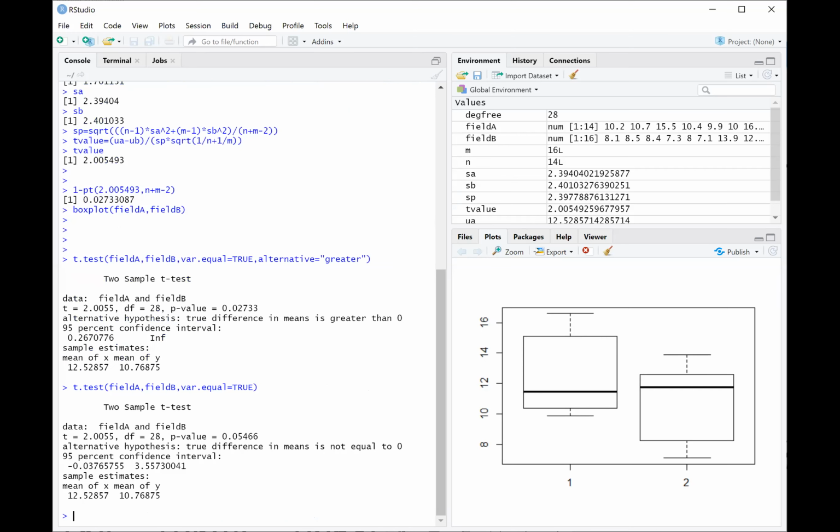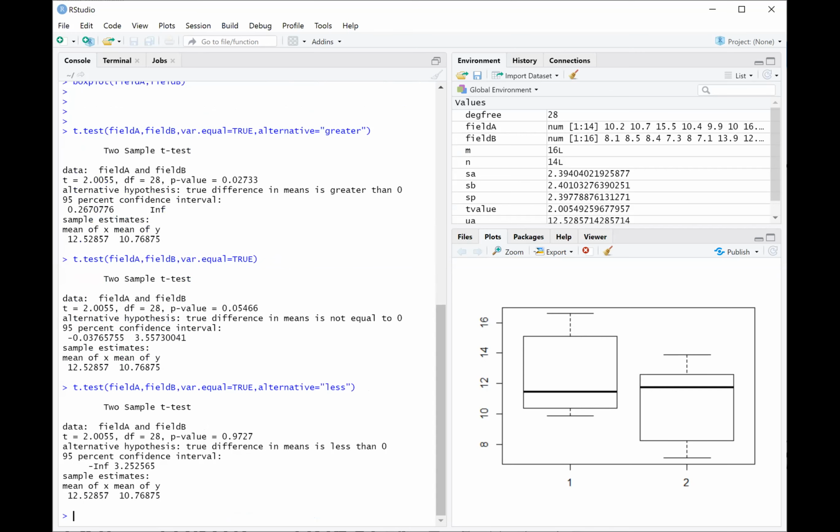So when I just don't say anything, I don't include the alternative equals greater, it does a two-tail hypothesis test. And obviously, if I wrote alternative equals less, I think it's less, then it will give you the other one. All right, so these are the various alternative hypotheses.